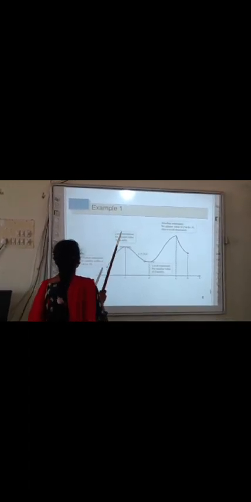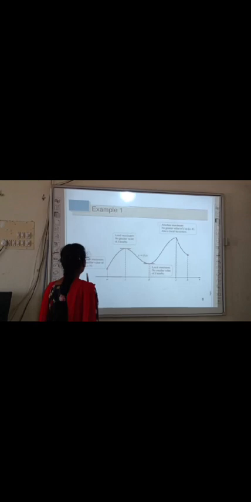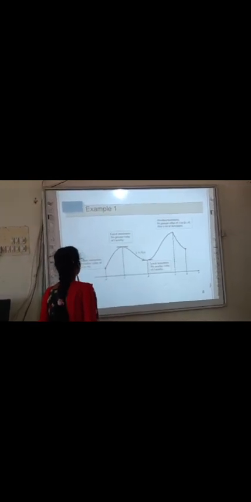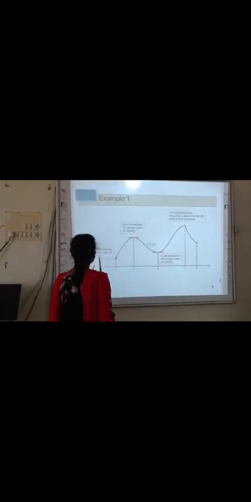Example 1. Absolute minimum: no smaller value of f on [a, b]. Local maximum: no greater value of f near b.